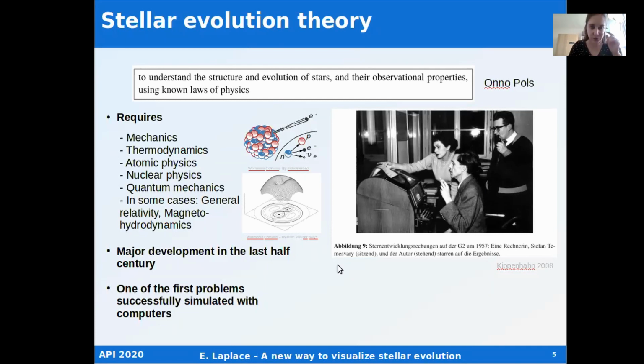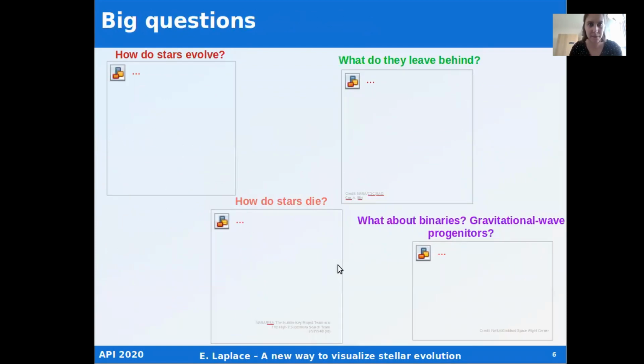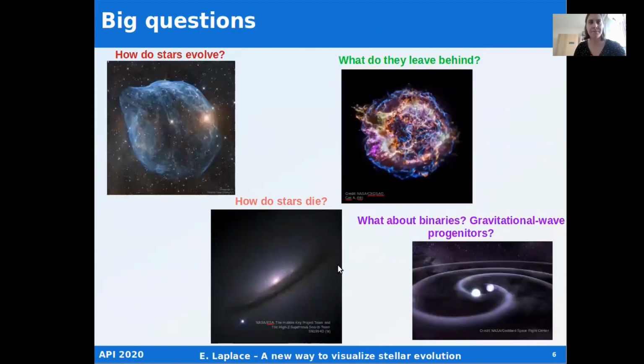And stellar evolution theory has a long history, but it's still really relevant today. I think it has never been as relevant as now. And I think we're now seeing quite a renaissance in stellar evolution after it was disregarded for some time.